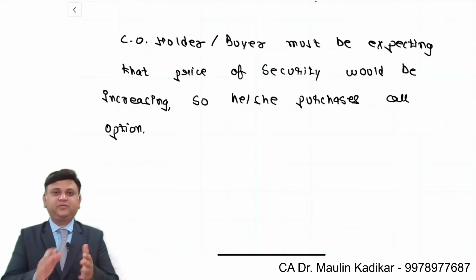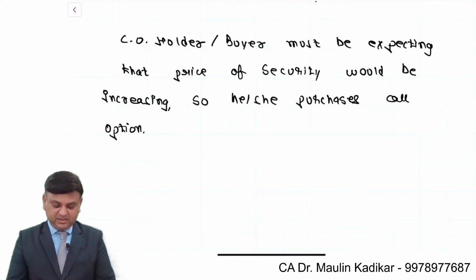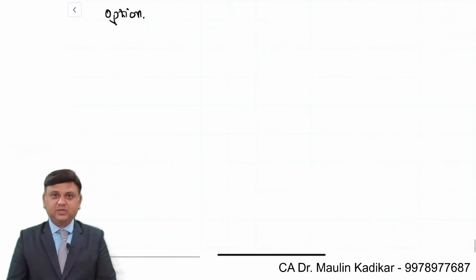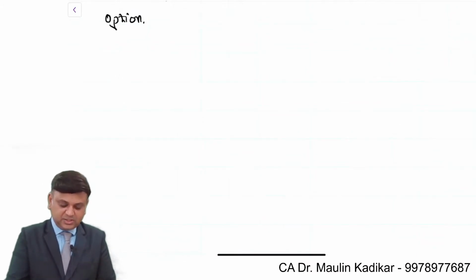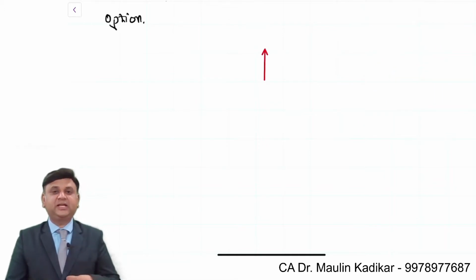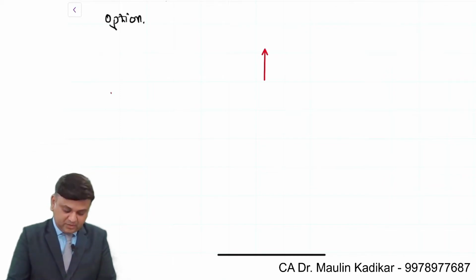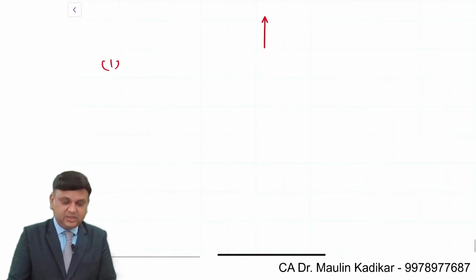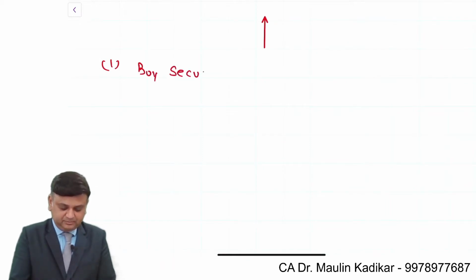Friends, at this point of time, because there are still certain things to be added: if you are expecting the price of the security to go up, that is, you are bullish, then how can you make a profit? One, you can enter into a transaction to simply buy the security.